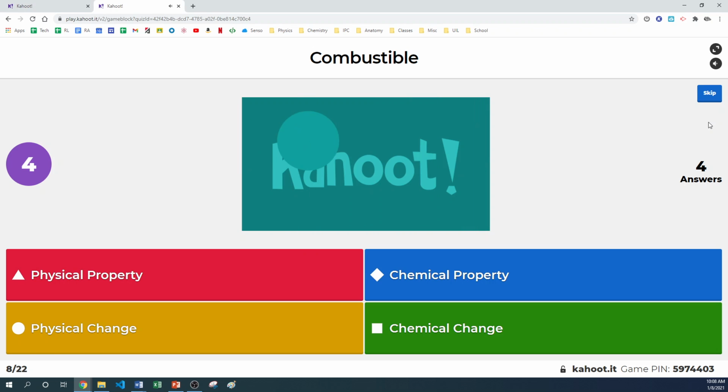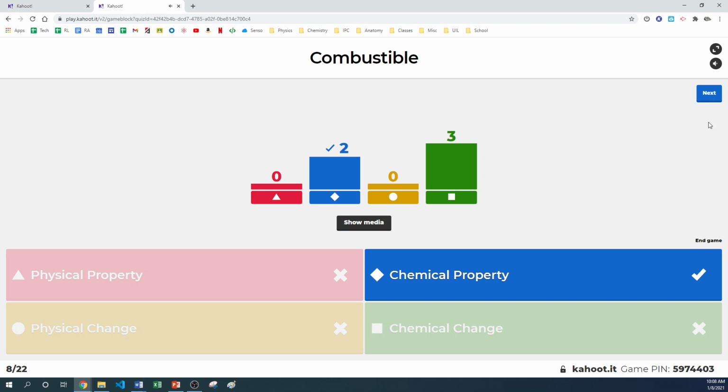Combustible means able to react with oxygen. Gasoline is combustible. It combusts in your car engine. Rust is an example of combustion. It's very slow. We usually think of combustion as happening very quickly, like fire. Fire is a combustion.